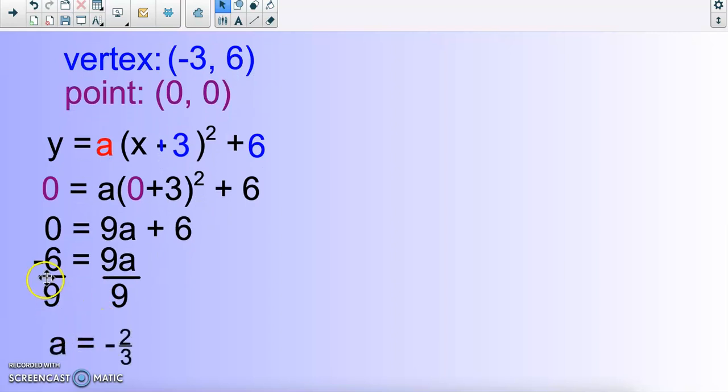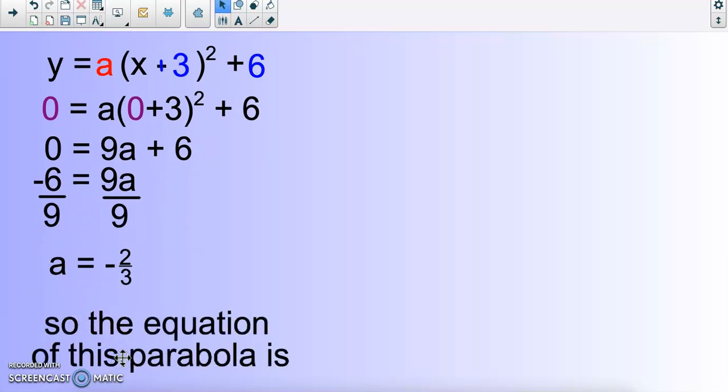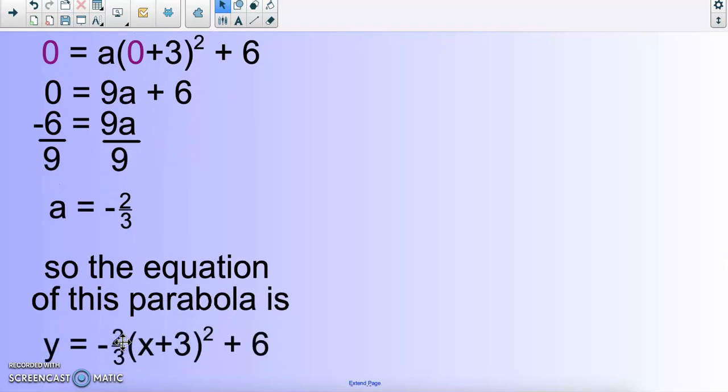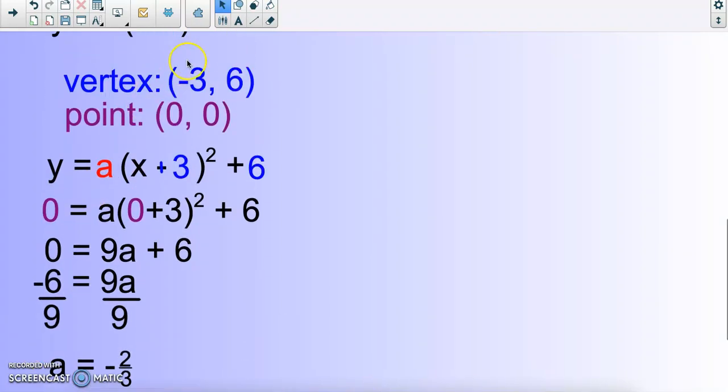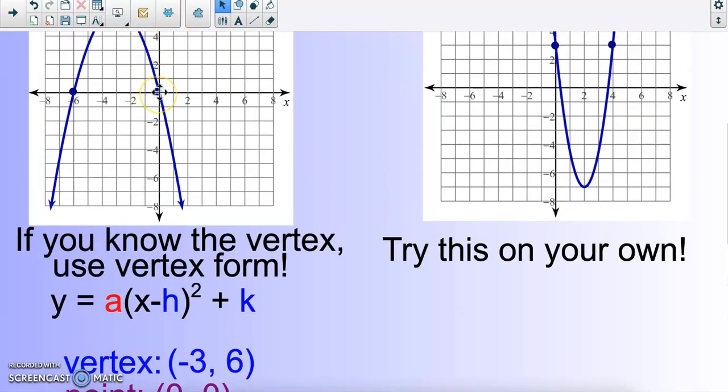In this case, when we reduce this fraction, we get a is -2/3. And that gives us this equation. And notice I went back to a generic x and a generic y. Now, again, I was using a really nice point, 0, 0, because the graph does go through 0, 0. I could have used -6, 0 and it still would have worked.